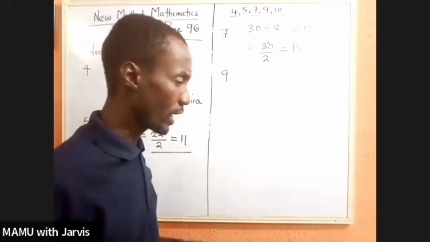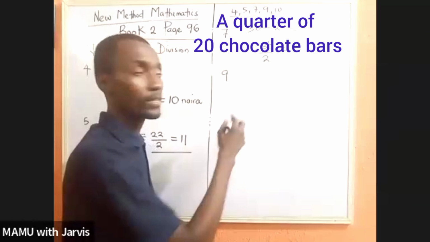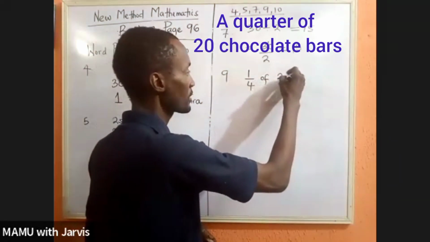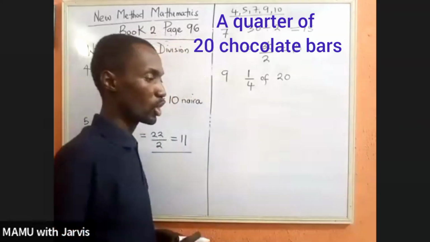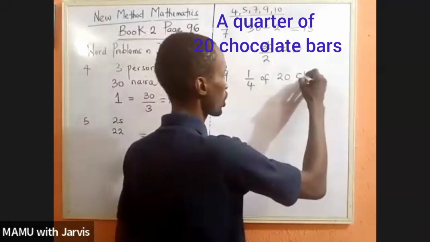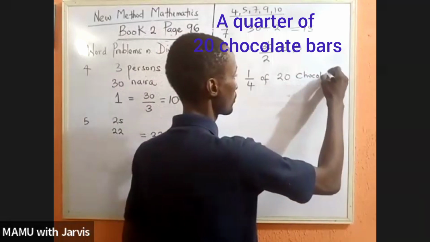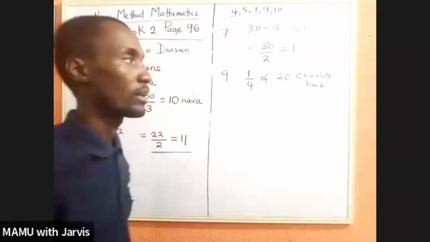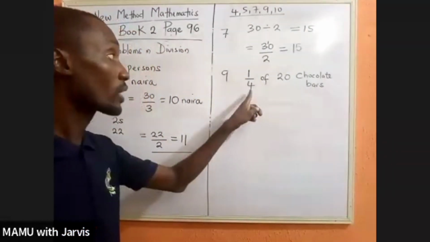So how do we handle 9? It says a quarter of 20. In this case, it's a chocolate bar. A quarter of 20 chocolate bars. So what does that mean? Look at the denominator.